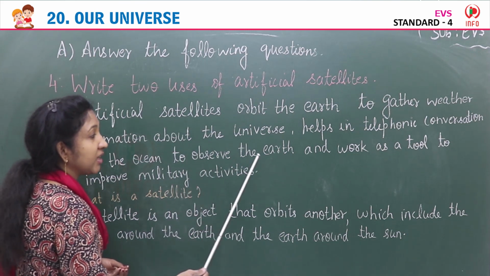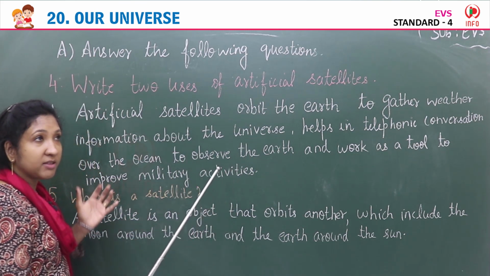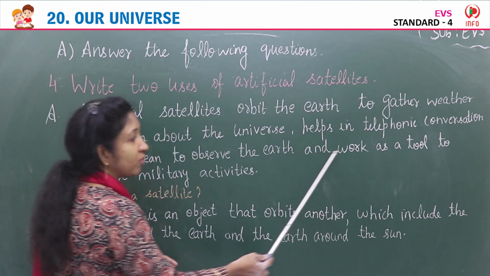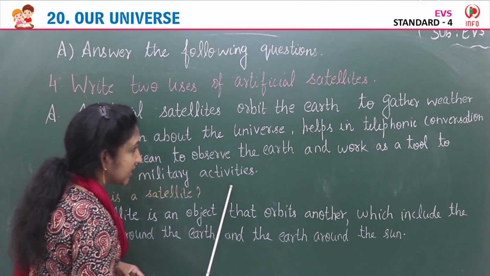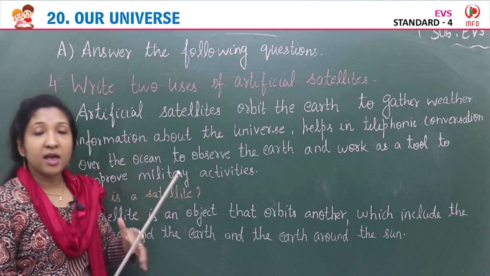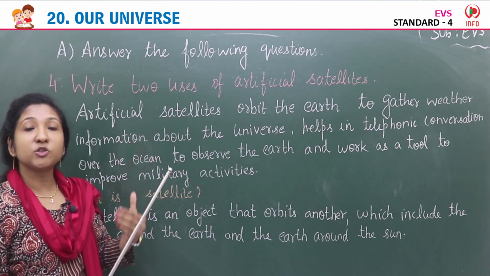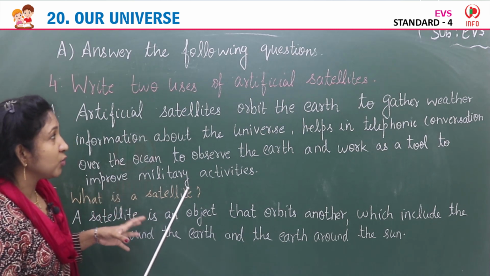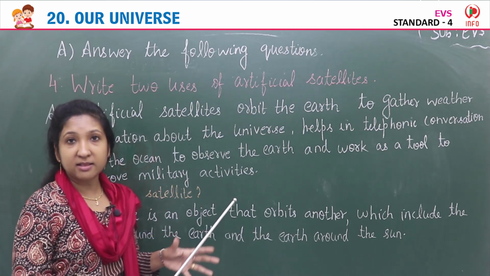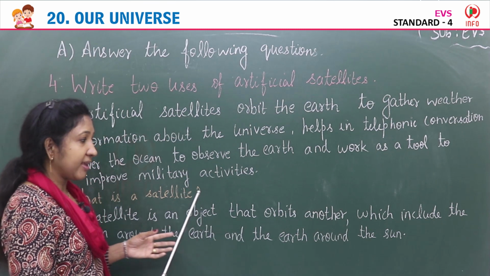They also observe the earth and oceans and work as a tool to improve military activities. So these are the uses of artificial satellites or man-made satellites.